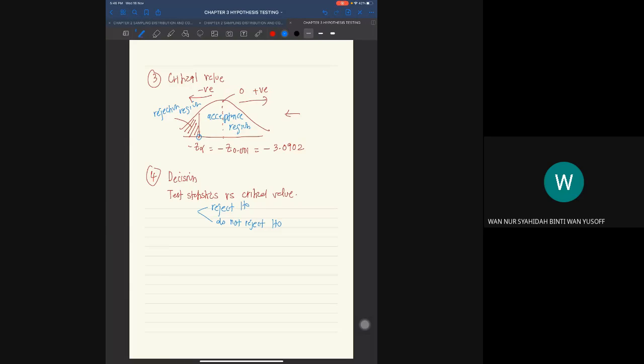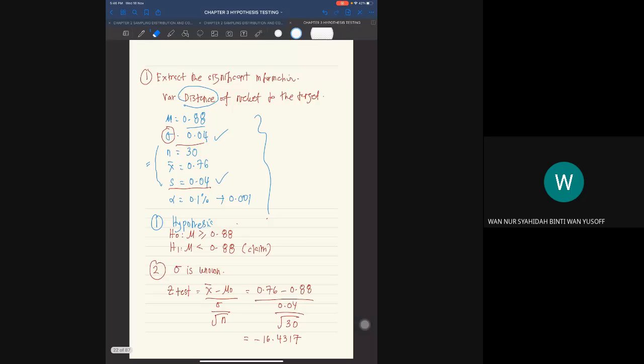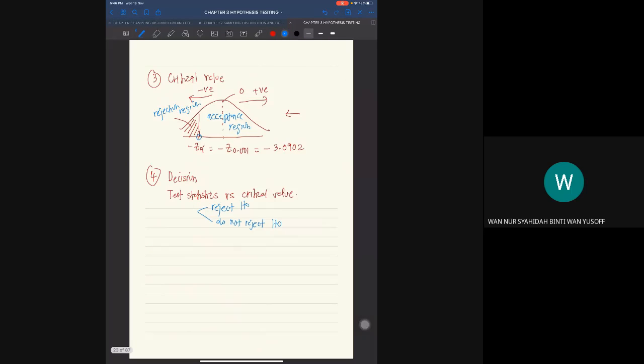So in this case, our Z test is negative 16. It should be compared as less than the critical value or greater than the critical value, to see whether it is in the rejection region or the acceptance region. Negative 16 should be somewhere here in the rejection region.